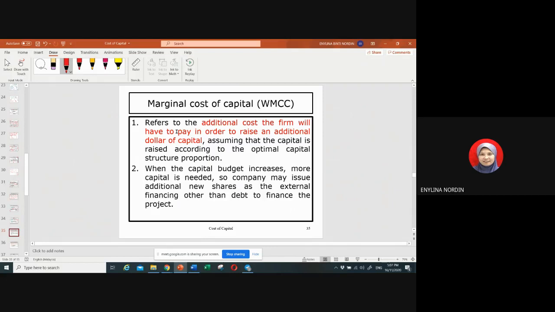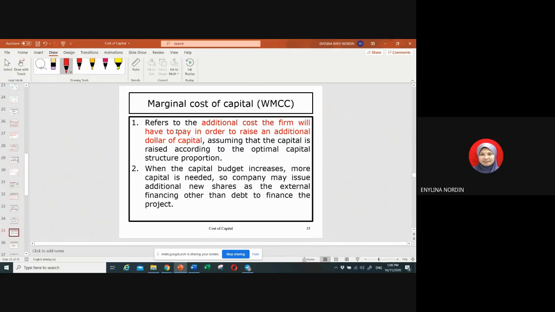That means the capital that they have internally is not enough to finance the new project. If that happens, the company has to think about raising funds by issuing new equity to the public or to the market, so that they get the additional funds required for the new project.